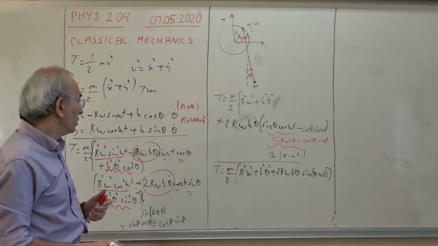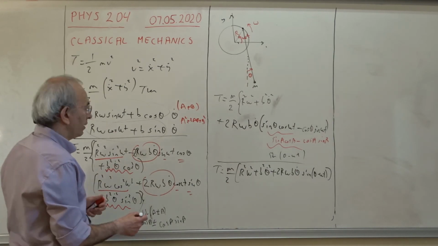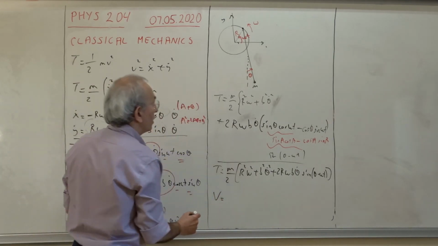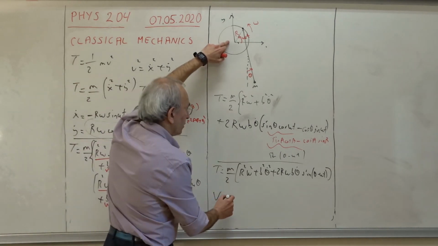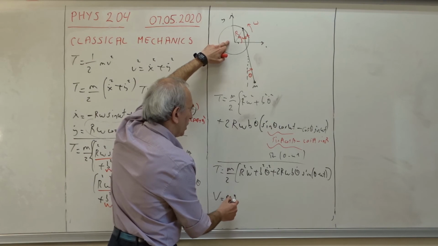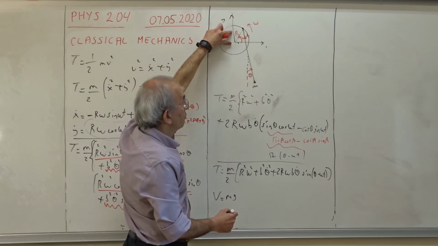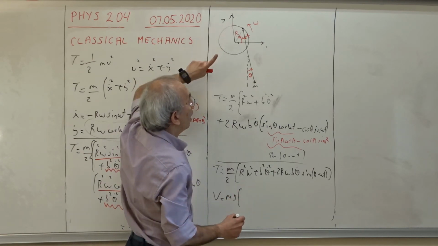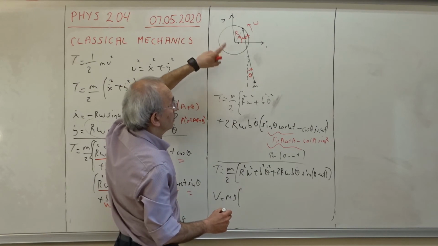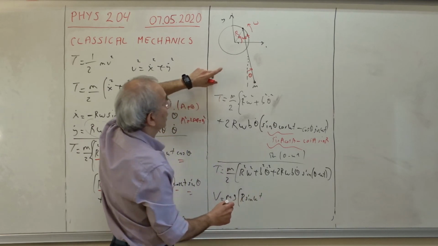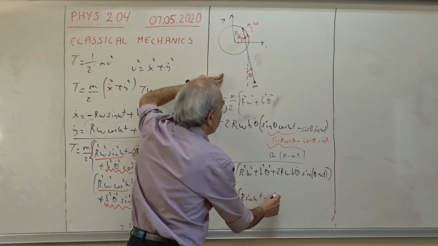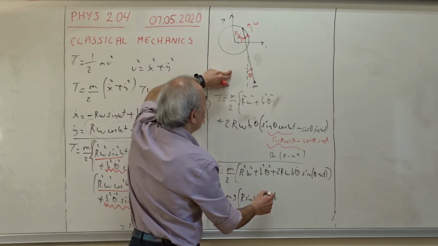What about the potential? Potential was already written there. Potential energy is, I will erase, but we can write it. Potential energy was m times g times which distance? Positive one, which is r sine omega t, minus b times cosine theta.